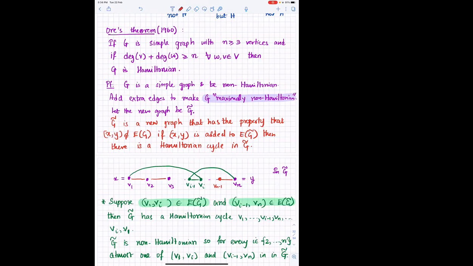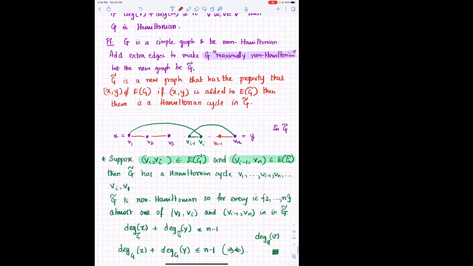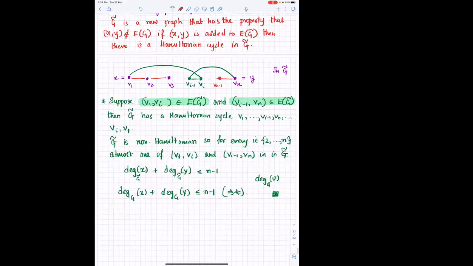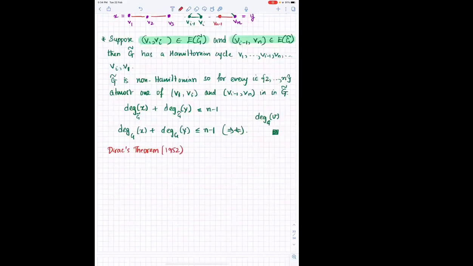Yes, ma'am. Okay. So now, Dirac's theorem was actually proved before Ore's theorem, in 1952, but it's just a corollary of Ore's theorem. So I'm just going to state it. Let G be a simple graph with at least 3 vertices. If the degree of every vertex is at least n by 2, then G is Hamiltonian.